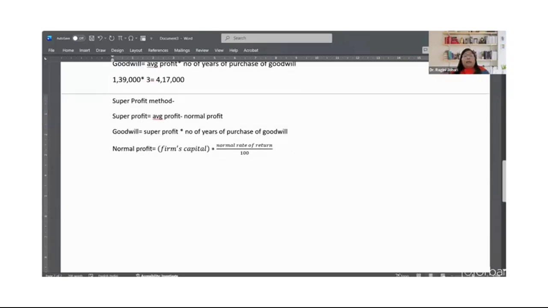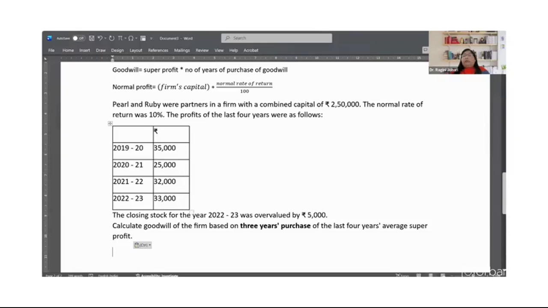Okay. Now, so let's take a quick question here. Okay. So I've taken this question here, and it says two partners, their combined capital is 2,50,000.